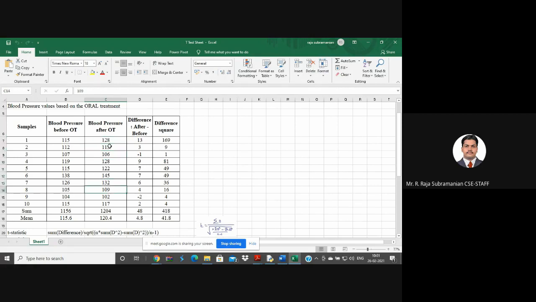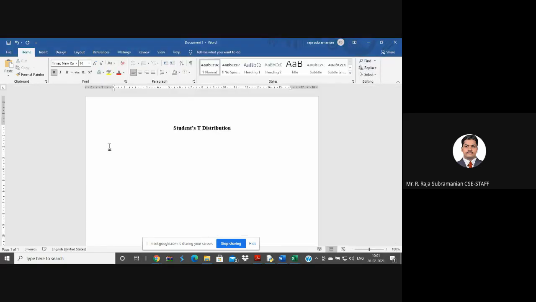Now how the change will be there, that we have to see, and those changes we have to reflect in my t value, right? So you'll be given some other methods also, some questions. For example, I'll have this problem one.